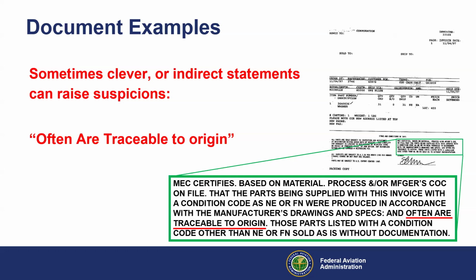Sometimes clever or indirect statements can raise suspicions. And if you look at this one, it says it's often traceable to the origin. So that sounds a little fishy. And remember, all this documentation was related to actual unapproved parts.